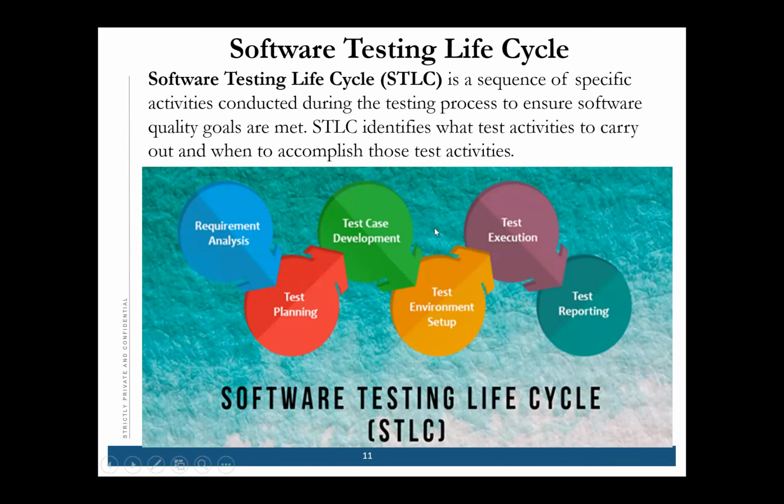In manual testing we do both manually; these two steps change when we do automation. In development we use automation to develop our test cases, and in execution also we use tools to execute our test cases. The rest, requirement gathering, test planning, test setup and test reports, are common for manual as well as automation.